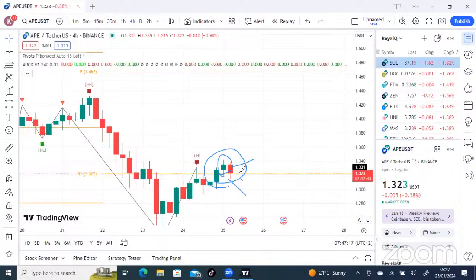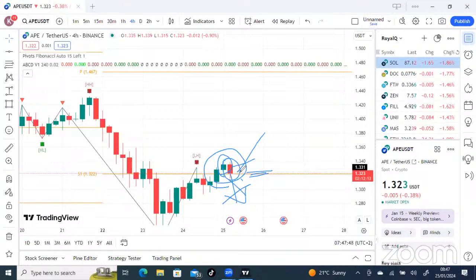If it closes above this color in here, then we are going to see the market move up. But if it closes below, then it's going to retrace a little bit. Give me a two in the chat if that is clear. Nobody should get attached to coins when there is a retracement. You just need to be patient with your trade. I don't know if that is clear.